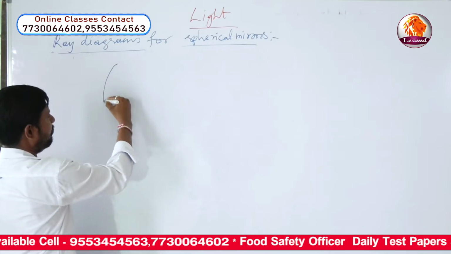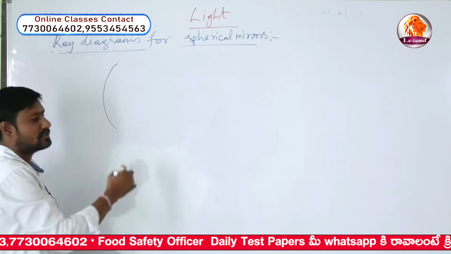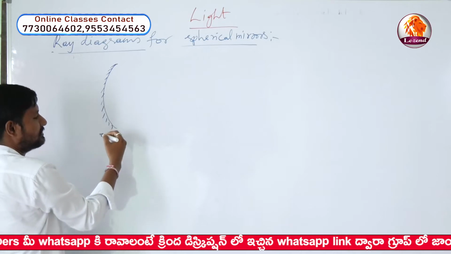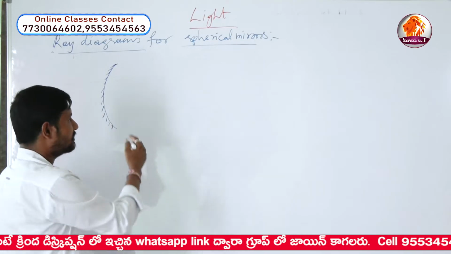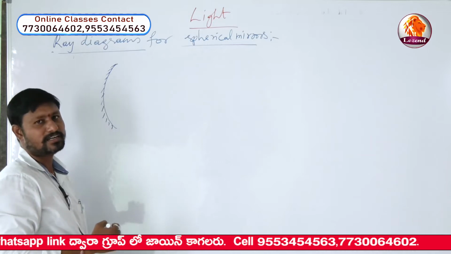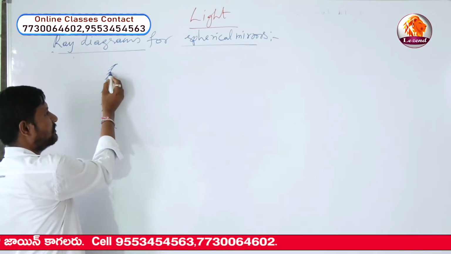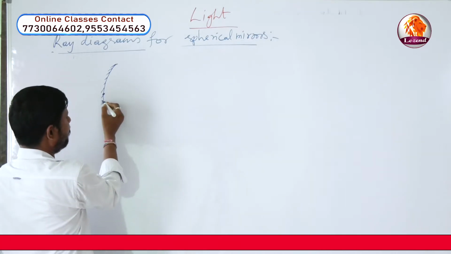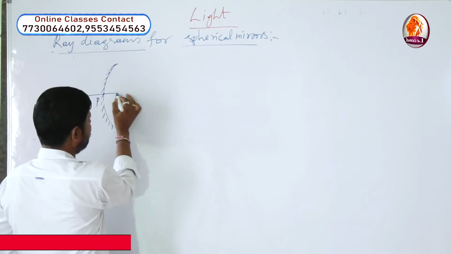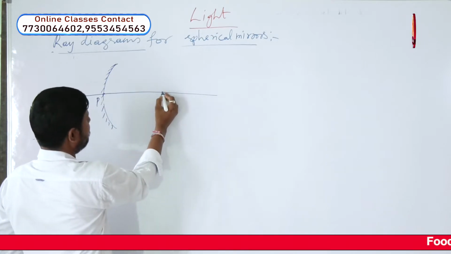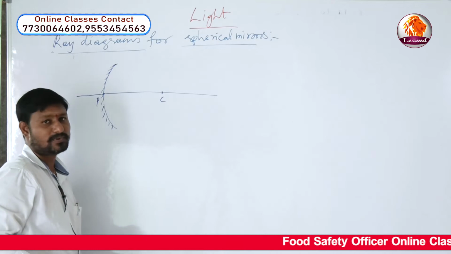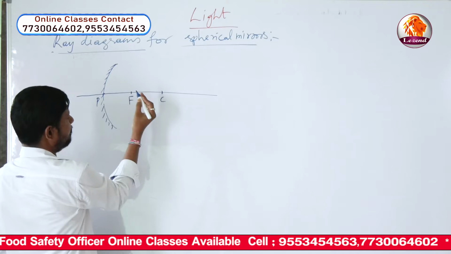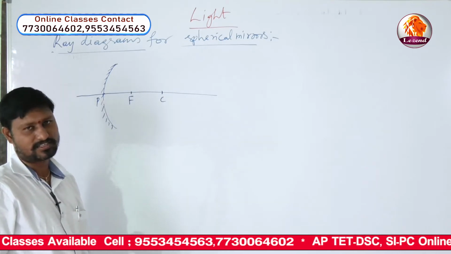You know, a concave mirror is polished from the outer side, the bulging side of the surface is polished and coated, and the inner surface behaves like a reflecting surface. As you know, the midpoint is the pole, there is a center of curvature, and the midpoint of this is the principal focus, which we have already discussed.